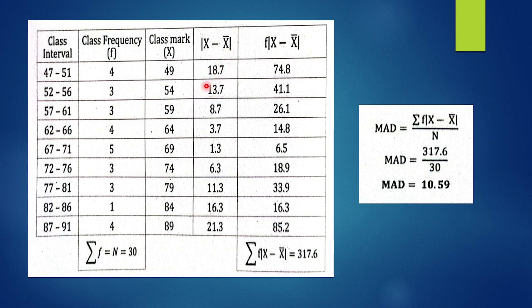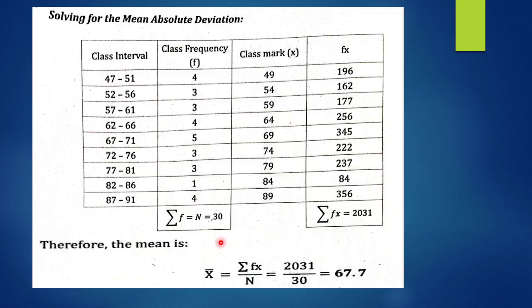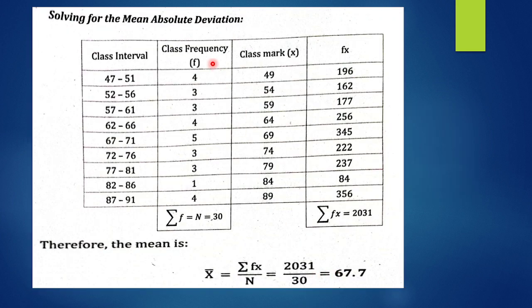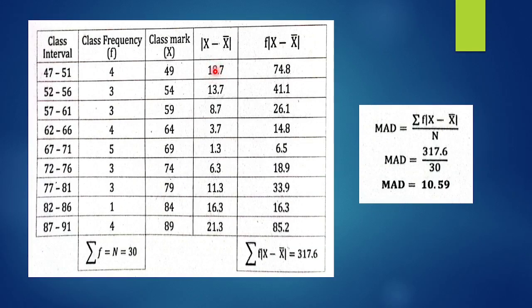Since you already have the mean, it is important to solve for it. So the x here is 49 minus 67.7, and take note this is absolute value. You're going to get a negative value, but there is an absolute value, so there are no negative numbers in this column.